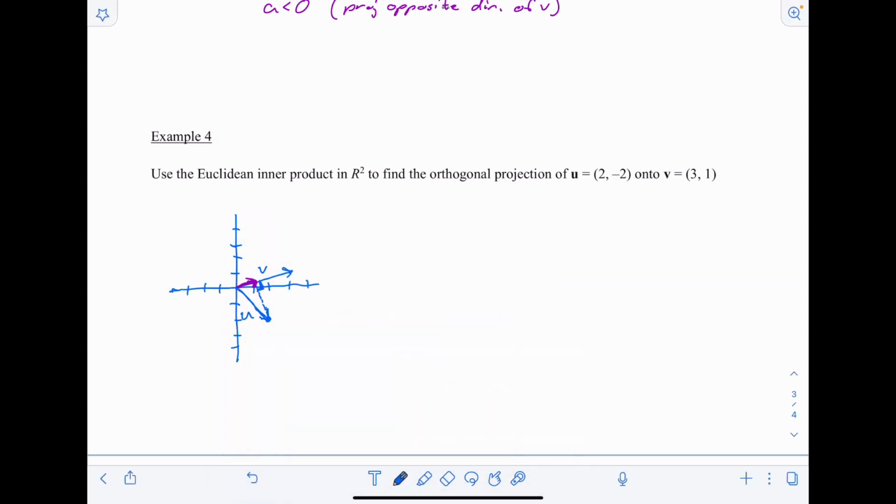Let's find the projection of U onto V. So in this case, we're going to be using the dot product.